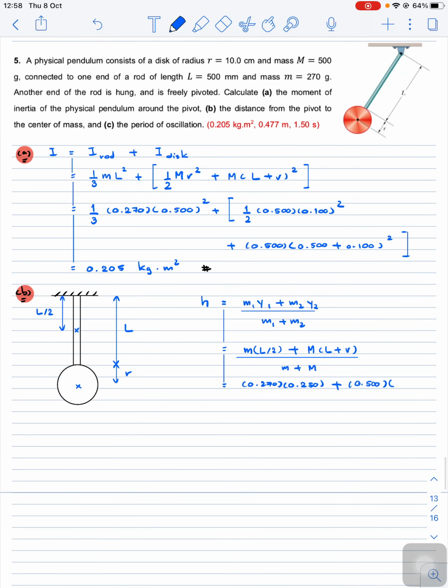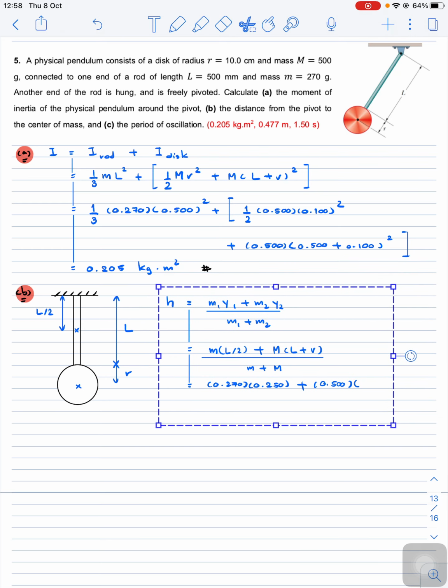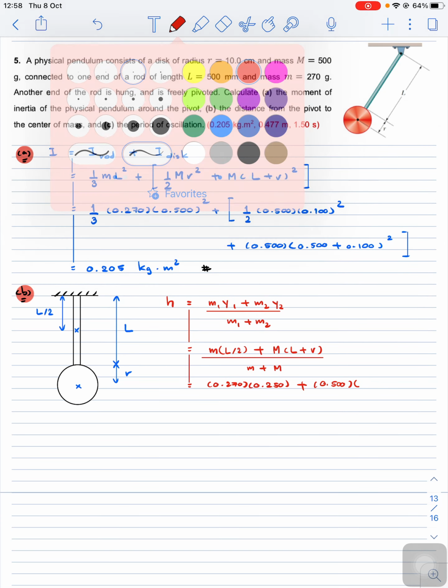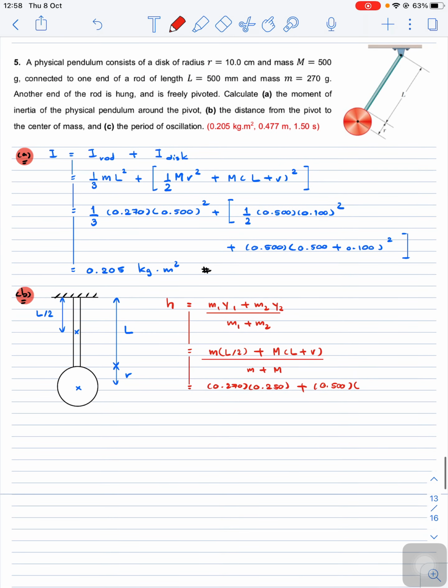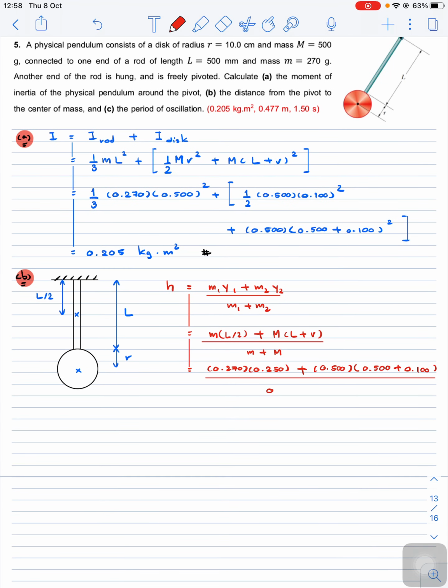We do not have enough space. So L is 0.500 plus R, which is 10 centimeter, so we have 0.100, over the sum of both masses, 0.270 plus 0.500.